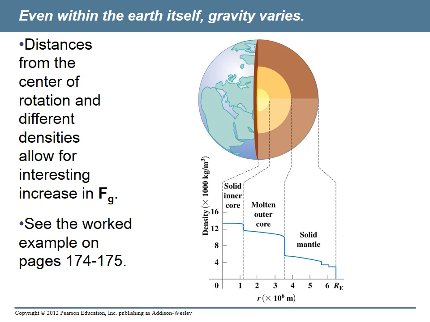There are some variations with gravity on Earth, as well as obviously if you're on a different planet. If I were on a smaller planet, or on the moon, the mass of the moon is much less, so the gravitational attraction on the moon is also much less.